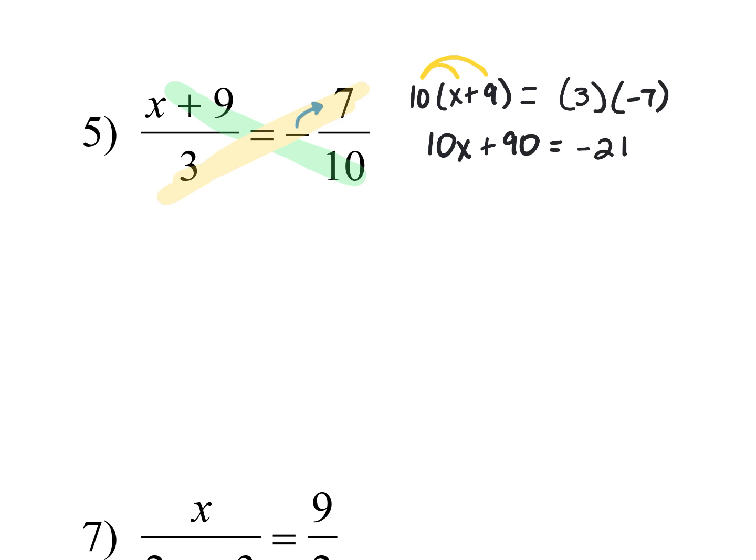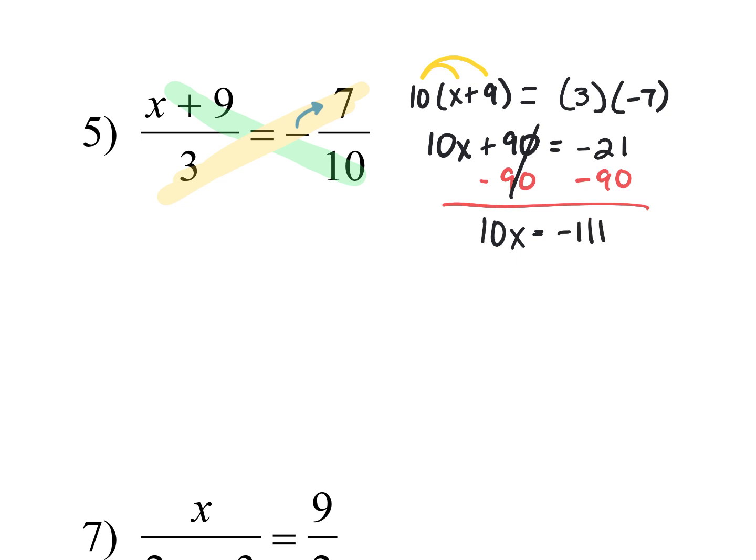Then you want to solve this. This is actually kind of what we did yesterday, right? This turned into solving a multi-step equation. So the first thing I would do is subtract 90 from both sides. I get 10x is equal to negative 21 and negative 90 make negative 111.